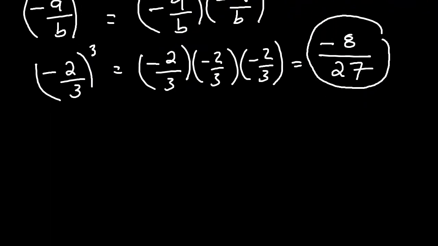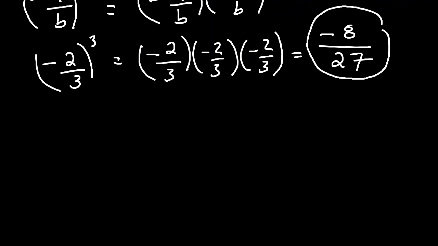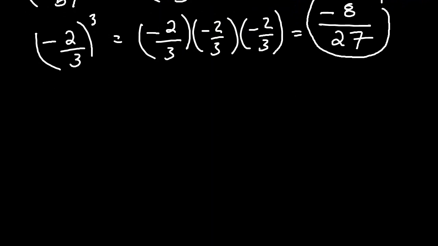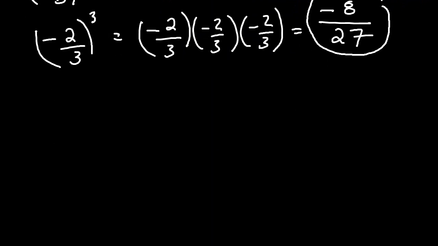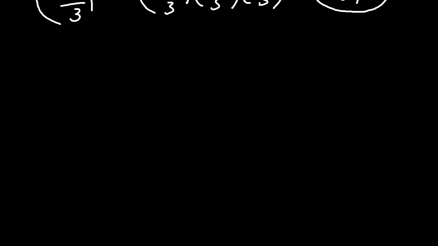So a final rule that I want to discuss when dealing with fractions and powers is a simple trick that you can use to check your answer. So we had our general formula, a over b to the power of n.